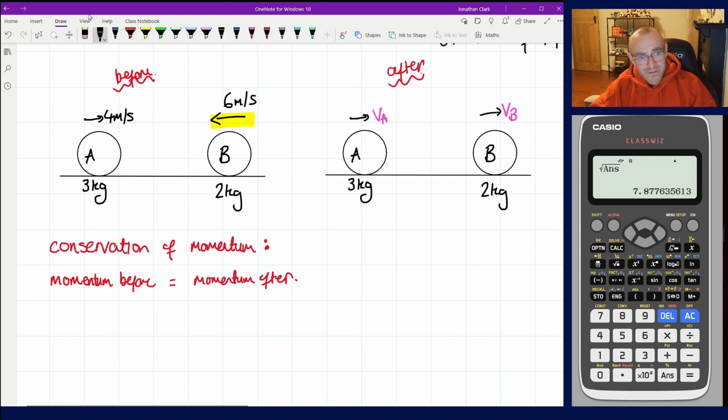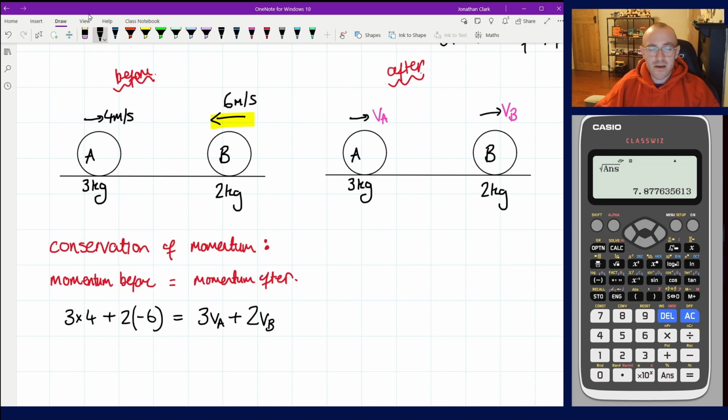So the momentum before for object A would have been mass times velocity, 3 times 4. The momentum of B would have been 2 times -6 because the direction is to the left. The momentum after for object A will be 3 lots of VA, and the momentum for B will be 2 lots of VB.